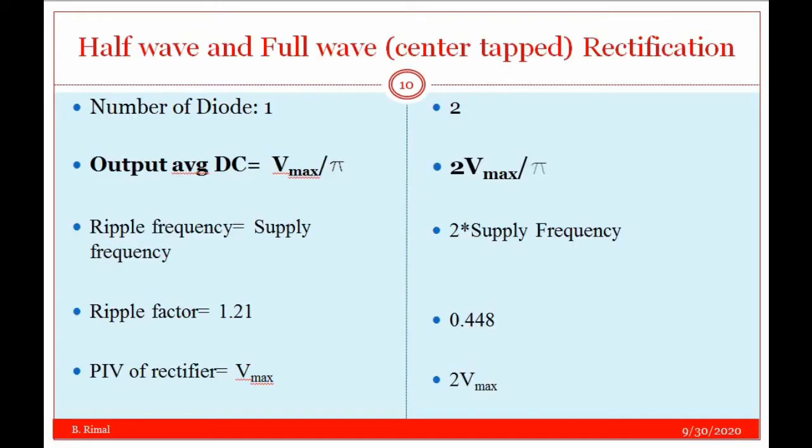Well, I have shown a comparison of half wave and full wave rectification processes: the number of diodes, output DC, ripple frequency, ripple factor, and peak inverse voltage of the rectifier.